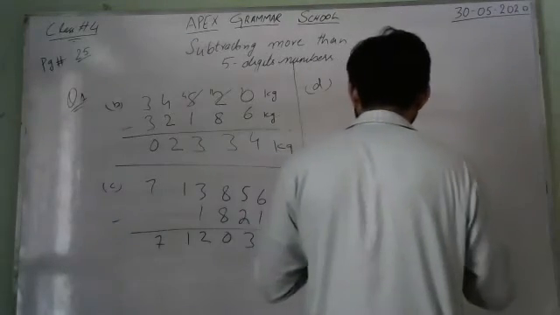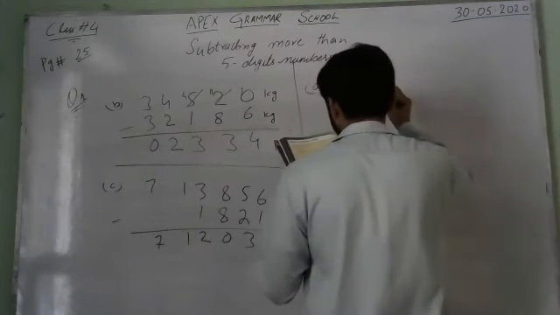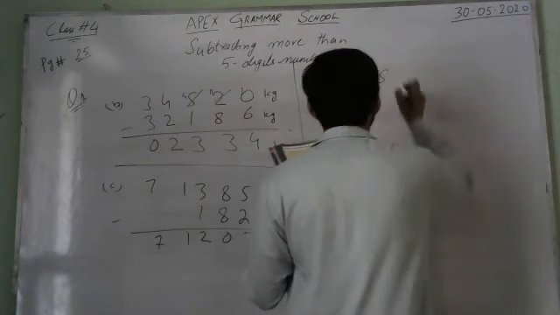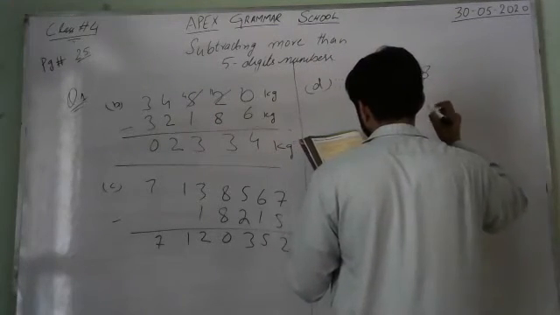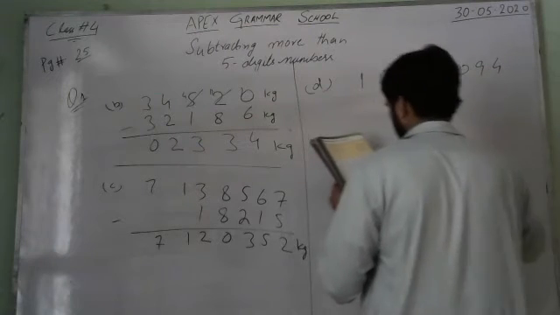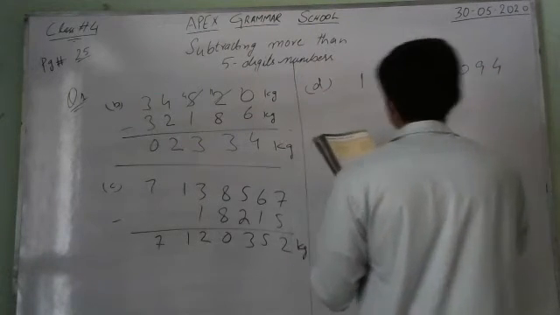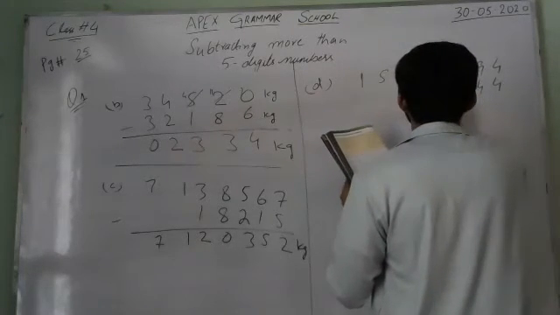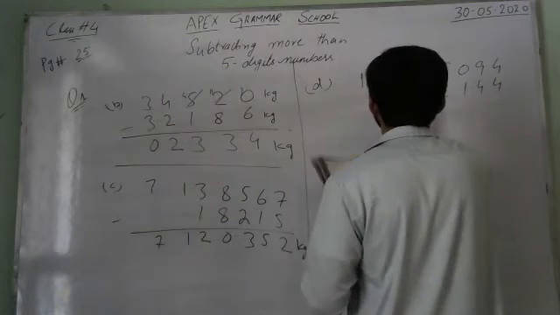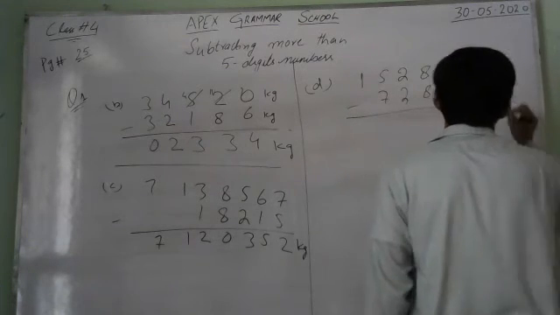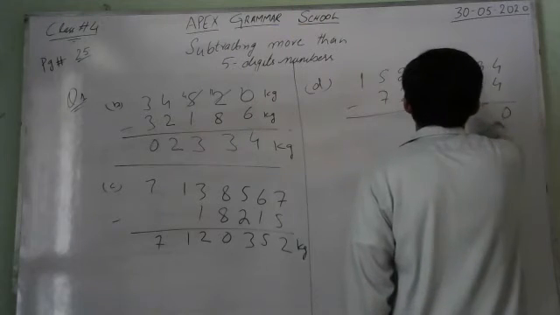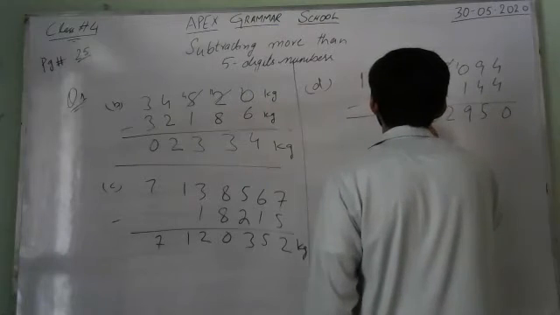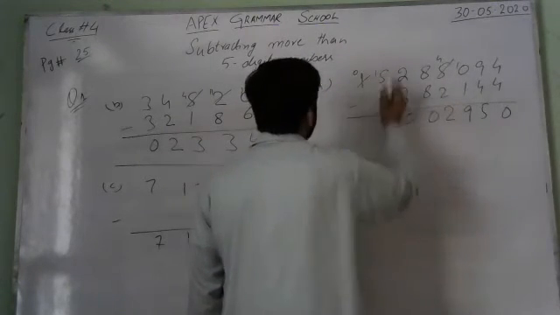Total production in 2008 is 1, 5, 2, 8, 5, 0, 9, 4, and of 2007 is 4, 4, 1, 2, 8, 2, 7. 4 minus 4, 0; 9 minus 4, 5; 10 minus 1, 9; 4 minus 2, 2; 8 minus 8, 0; 2 minus 2, 0; 15 minus 7 is 8.